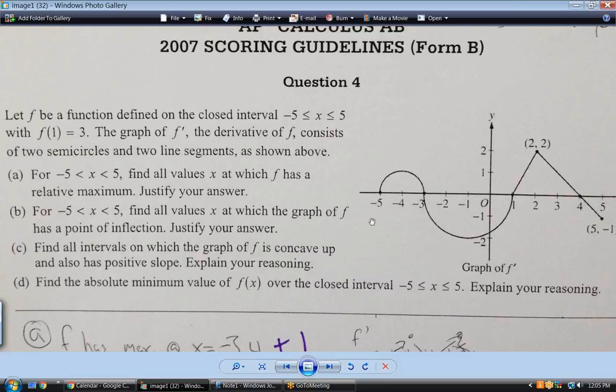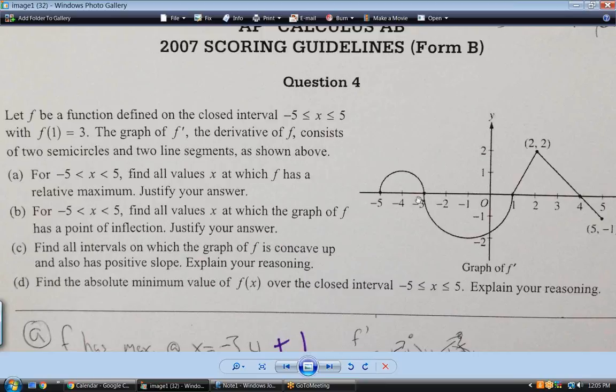Is it increasing after -5? Yes. Because this is positive between -5 and -3, that means the original function is increasing. Therefore, that point cannot be a relative maximum. Coming out of that point, we have positive slopes, so it's not a relative maximum.